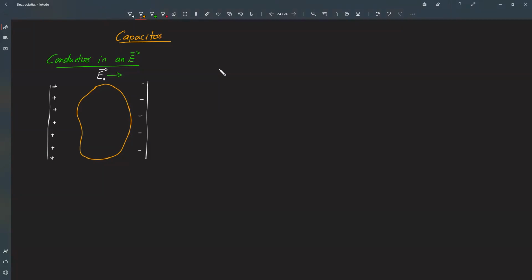See here, there is a positive charge here, and there will be free charge carriers inside this conductor as well. So out of those, most of the charges will get attracted towards this positive plate.